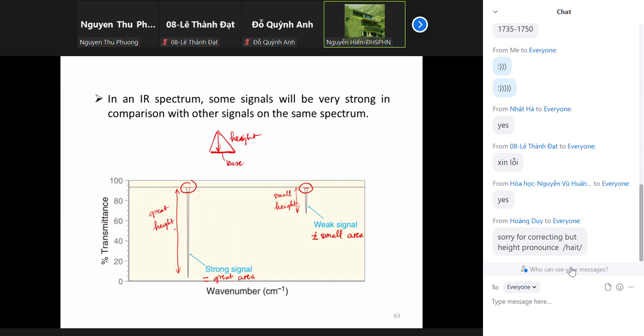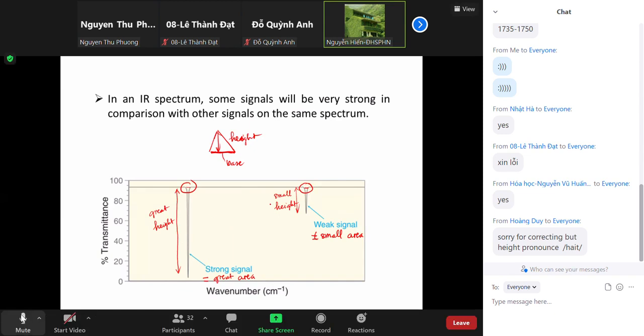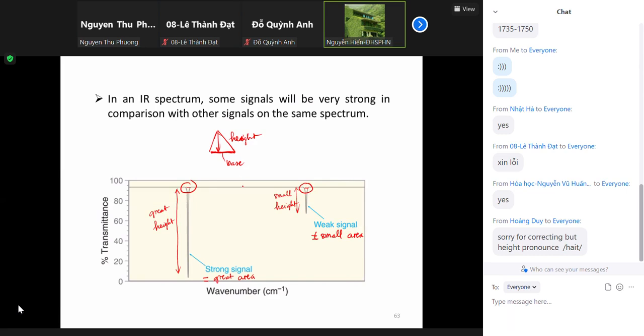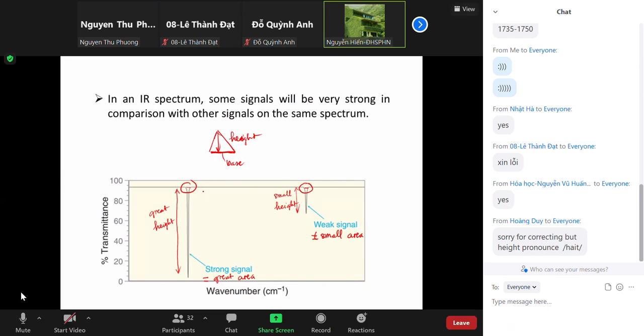So it depends on both factors, height and base. In this case, the base of the two peaks are quite similar, so we compare just the height. Oh, sorry, height.